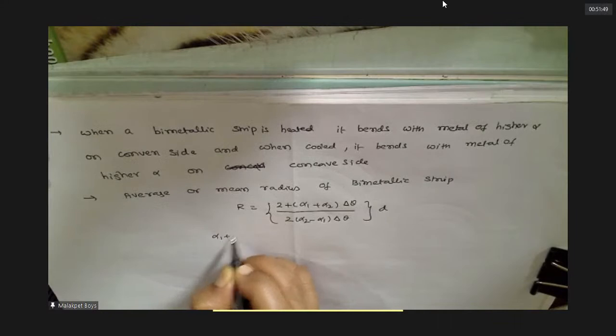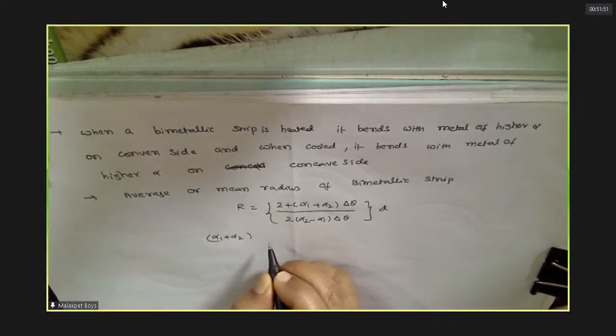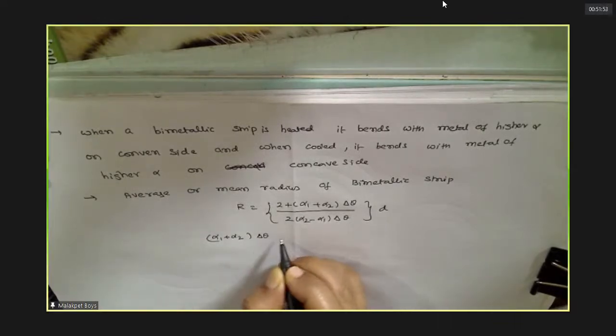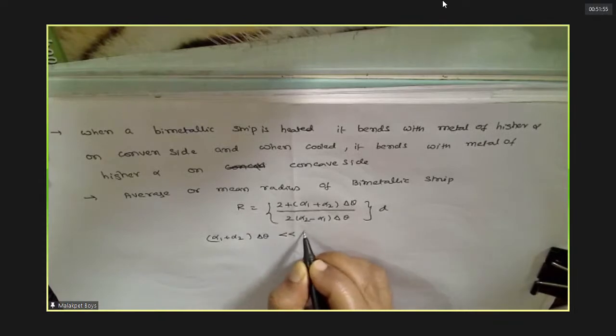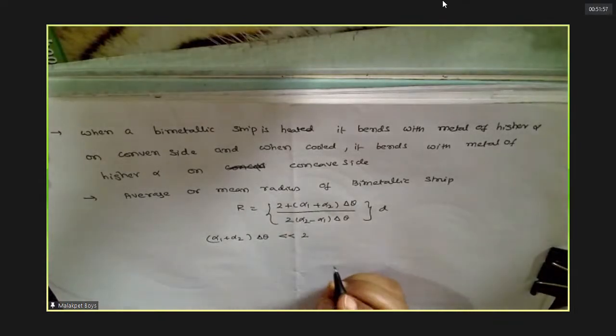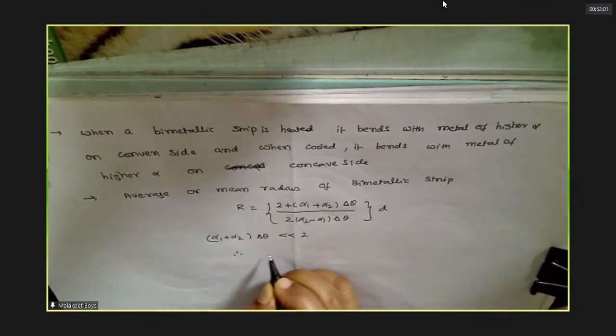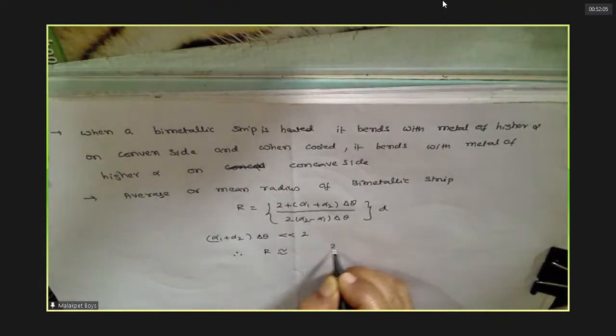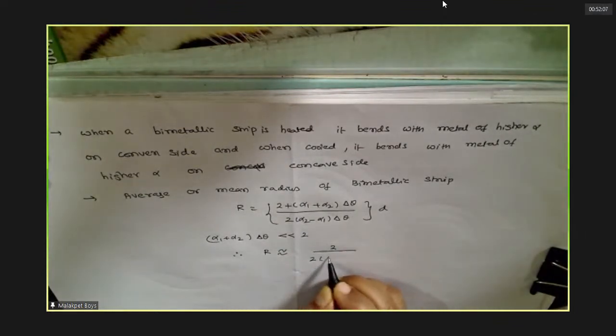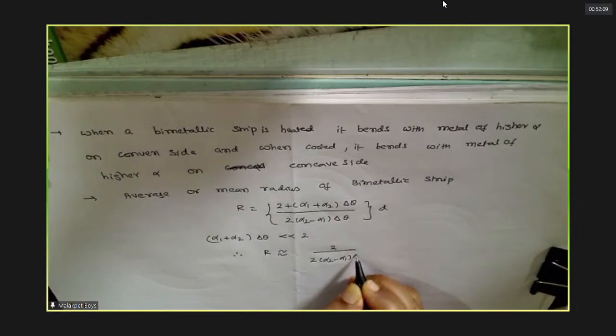Now alpha 1 plus alpha 2 into delta theta is very small. Remember, alphas will be in the powers of 10 to the power minus 7. So they can be neglected. Therefore, R is approximately 2 by, you can neglect now. Suppose you have 10,000 rupees.